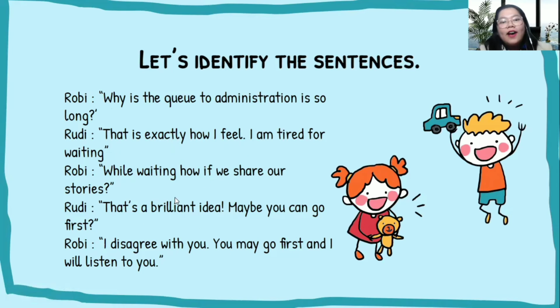"That's a brilliant idea." This is the second expression of agreement. Rudy agreed with Robbie to share their stories. And Rudy asked Robbie to go first, but Robbie disagreed. "I disagree with you." So Robbie here shows the expression of disagreement because Robbie wants Rudy to go first. "You may go first and I will listen to you." So in this conversation, there are 3 expressions of agreement and disagreement.